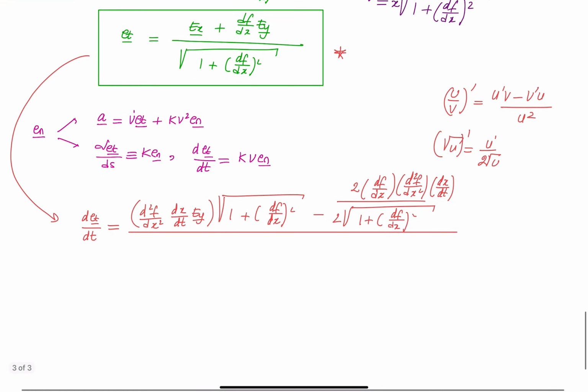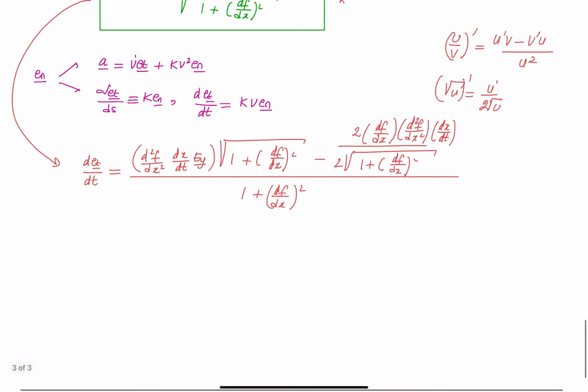Okay, over the square root squared, so 1 plus df by dx squared, and the square and the square root go away. Okay, so that's interesting.